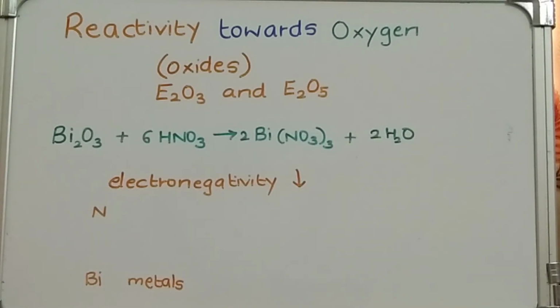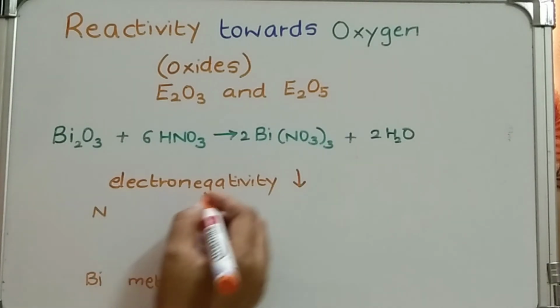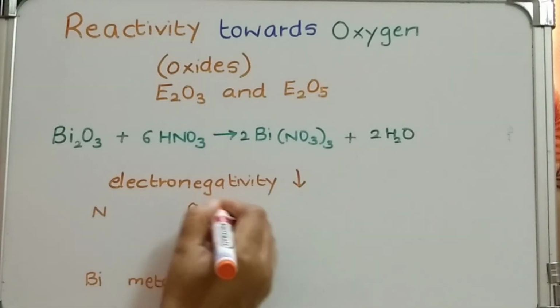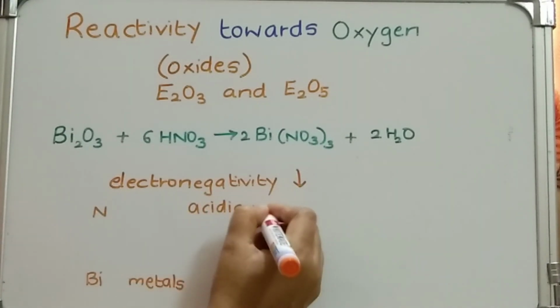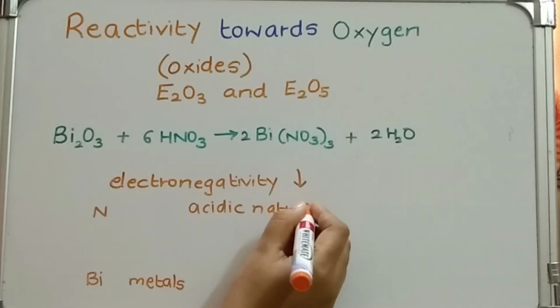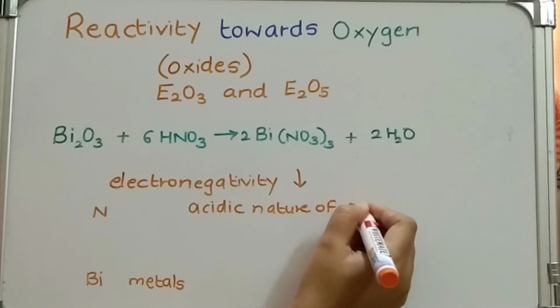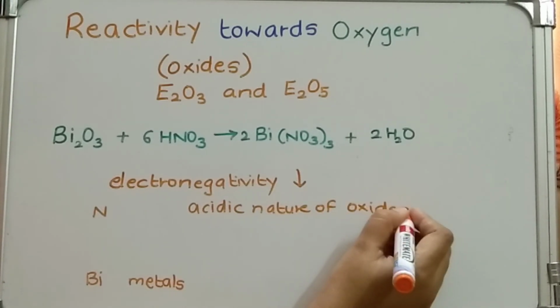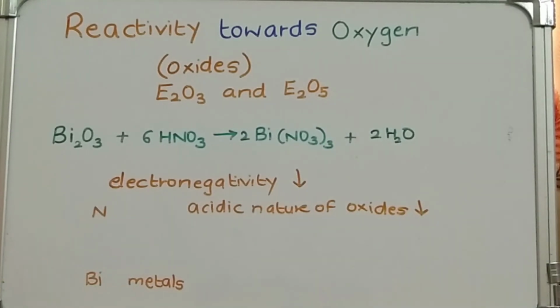If electronegativity decreases, the acidic nature of oxides also decreases. Bismuth is a metal, so it will form a basic oxide.